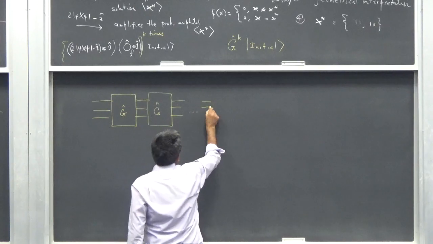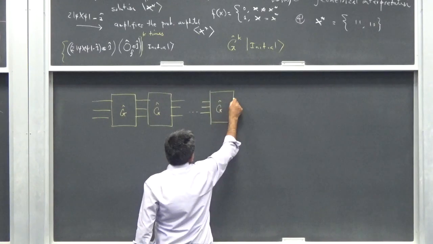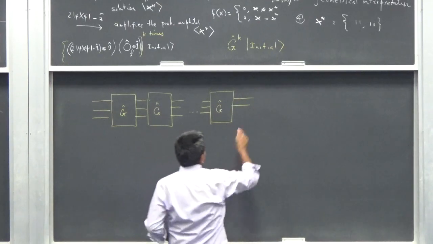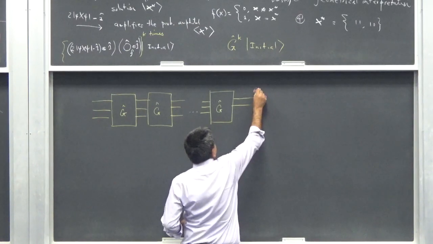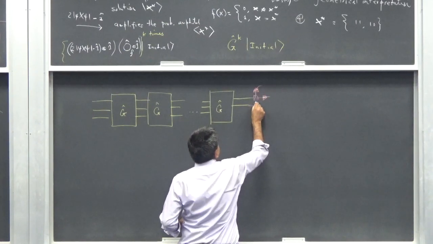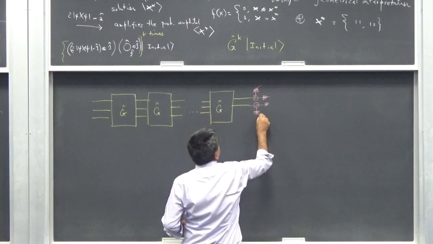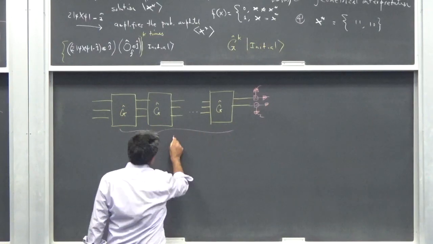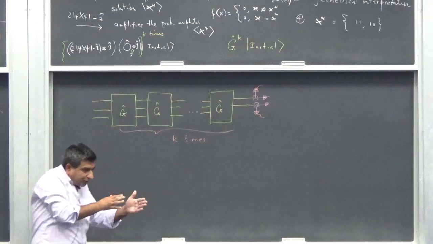And you apply this k times. Just look at these 2 qubits at the end, right? So you apply this k times, and you zero down on or track the solution.